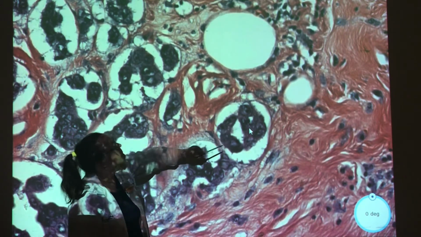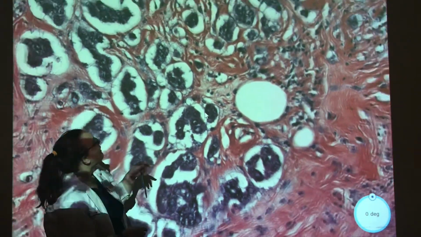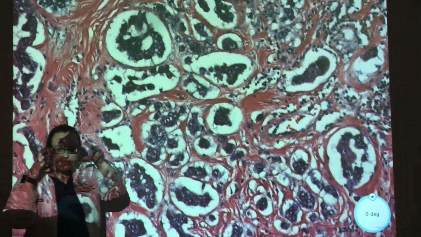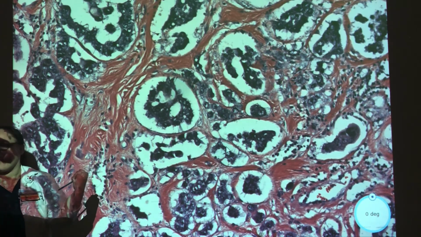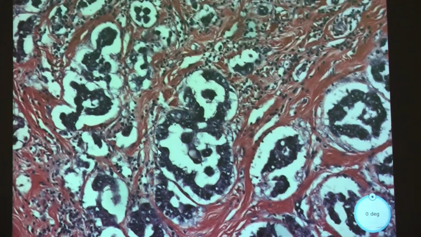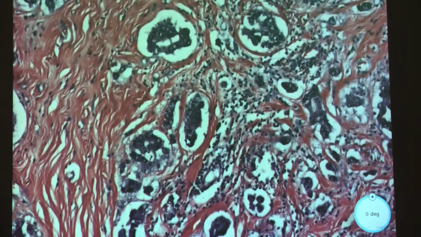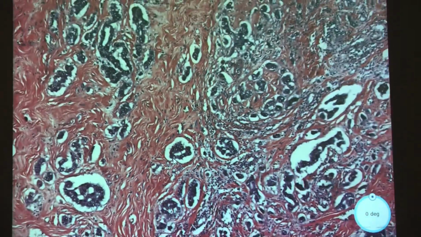This isn't a great example, and the cells are really big, but logically you would think they should go towards that lumina, right? And they actually point out the other way. And that'll help you with some of the staining that you can do. But those are things that help you.